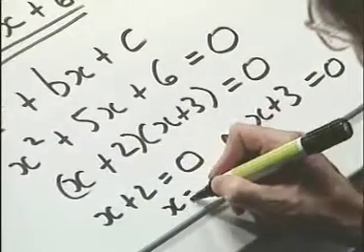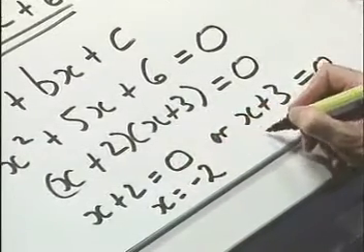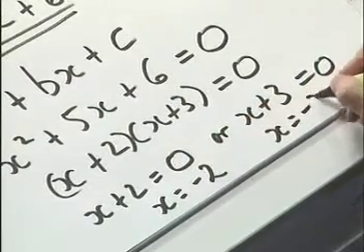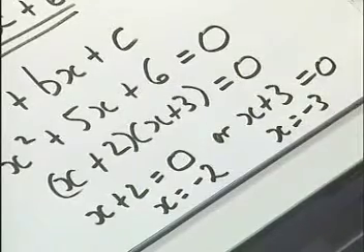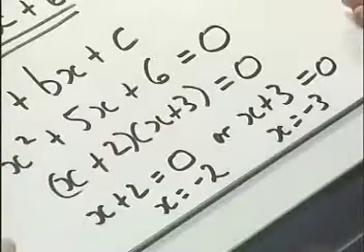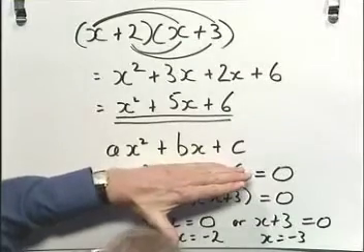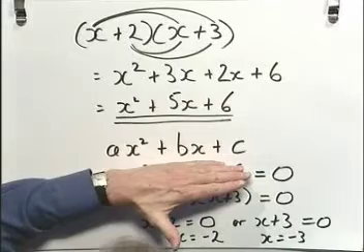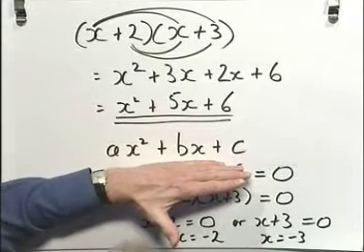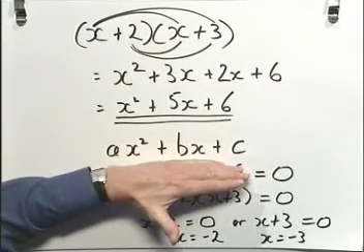And so x would be minus 2, or x would be minus 3. So being able to factorise actually helps us to solve a new kind of equation. So we're going to be having a look in this video at how you factorise this kind of function, this kind of expression, a quadratic expression.